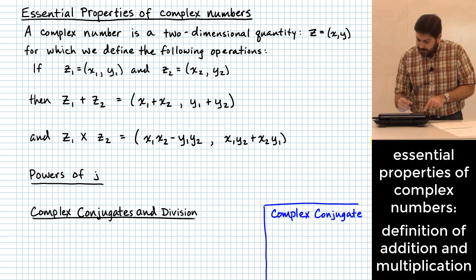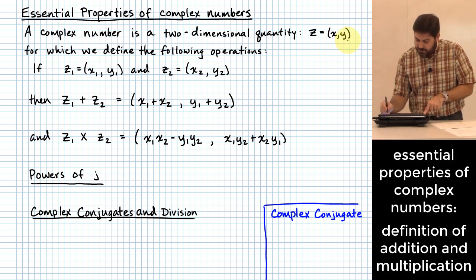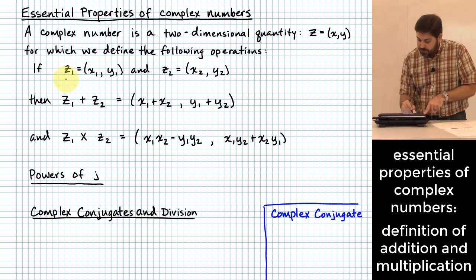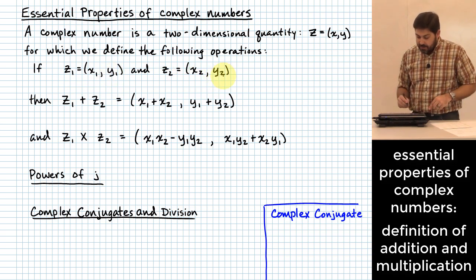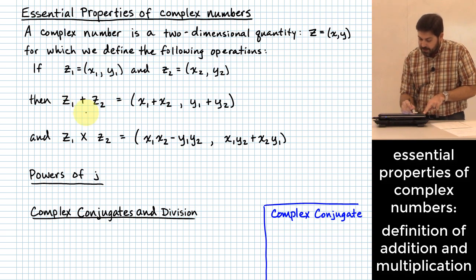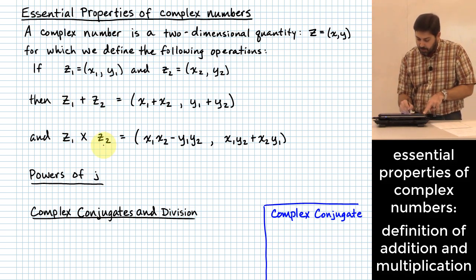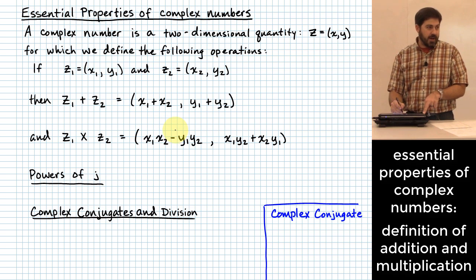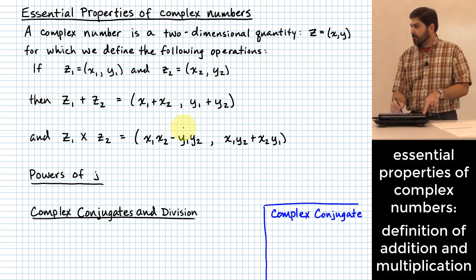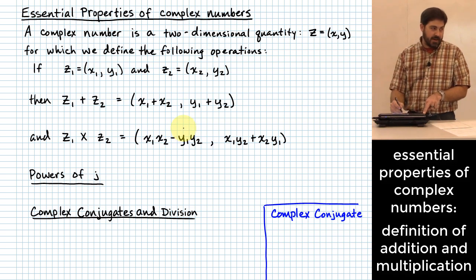I'm just saying that if you define a quantity that has two dimensions so that you can have maybe two operands, so that one of these operands is z1 and it is composed of x1 and y1, and then you have z2 composed of x2 and y2, if these two operations, one of them being addition and one of them being multiplication, if they obey this pattern right here, then you have what is defined as a complex set of numbers, right?